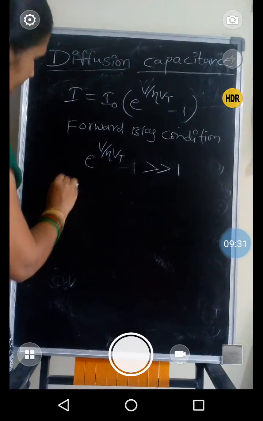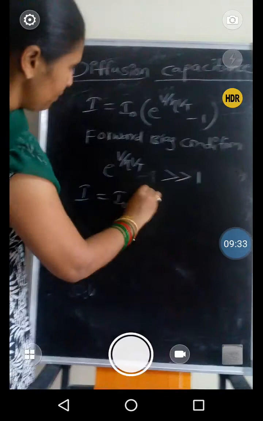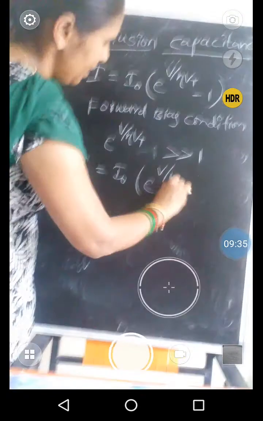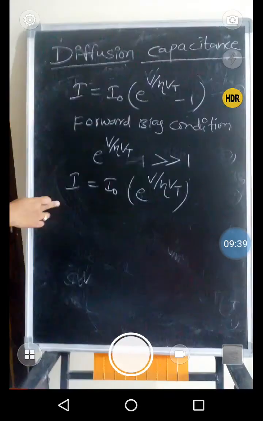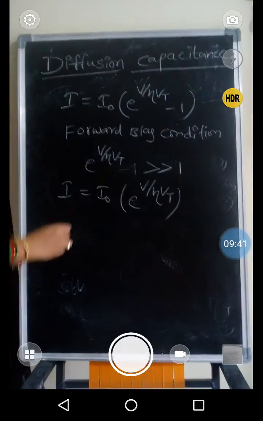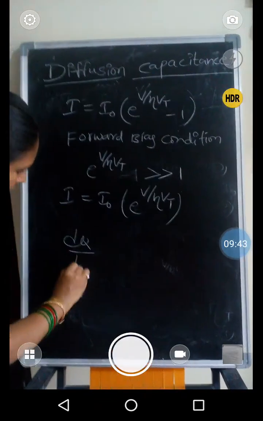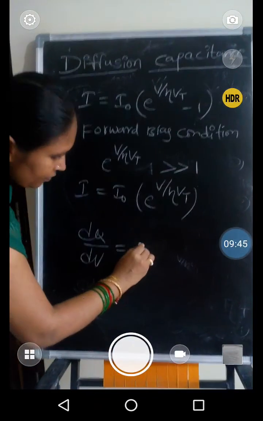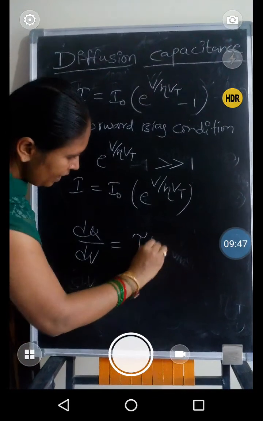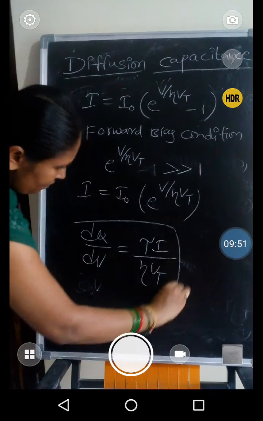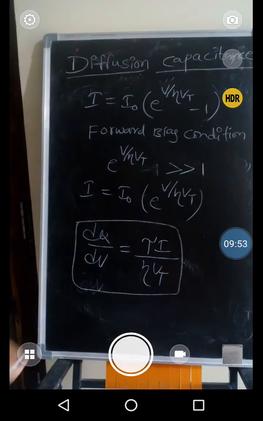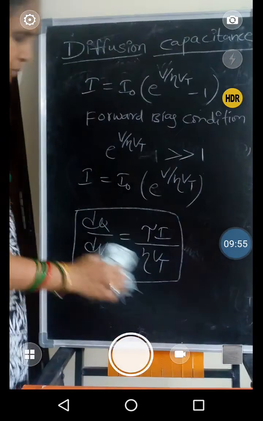Then I equals I naught into e power V by eta Vt. Substituting this I value into the earlier equation, dQ by dV equals tau into I by eta Vt.